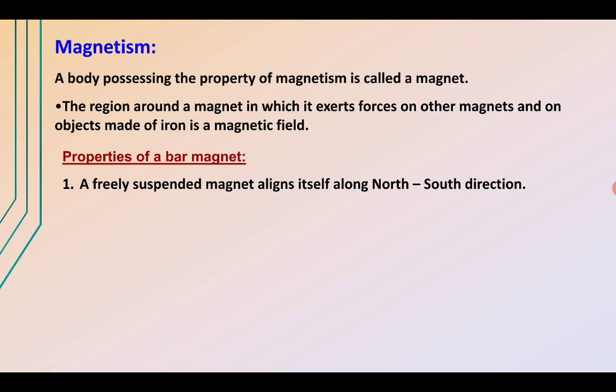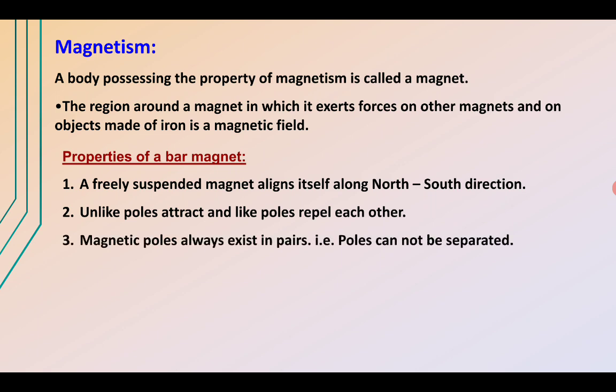This is known as the directive property, related to the direction along which the magnet is aligned. The next one is the attractive property, that is, unlike poles attract and like poles repel each other. This is the common property. You are aware that like repel and unlike attract.